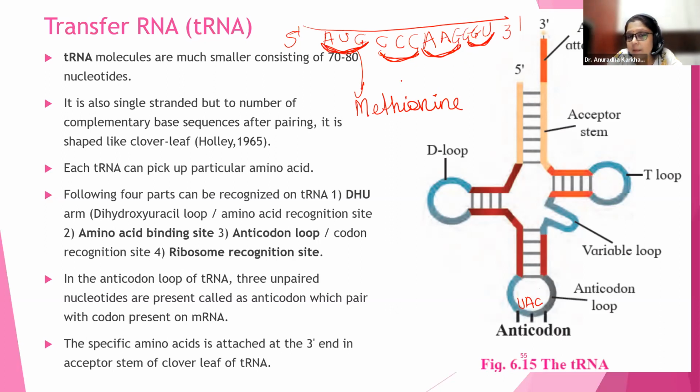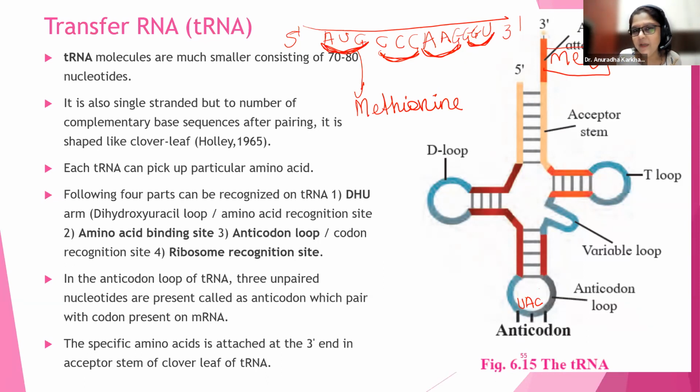What does this mean? AUG came on the mRNA, the anticodon UAC got activated. UAC went and told methionine, come sit in my car. Got it? So this amino acid, methionine, will come and sit on this particular double seat on the 3' end.